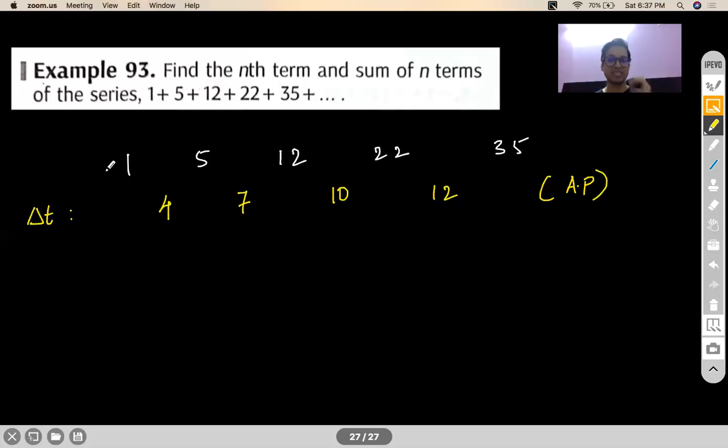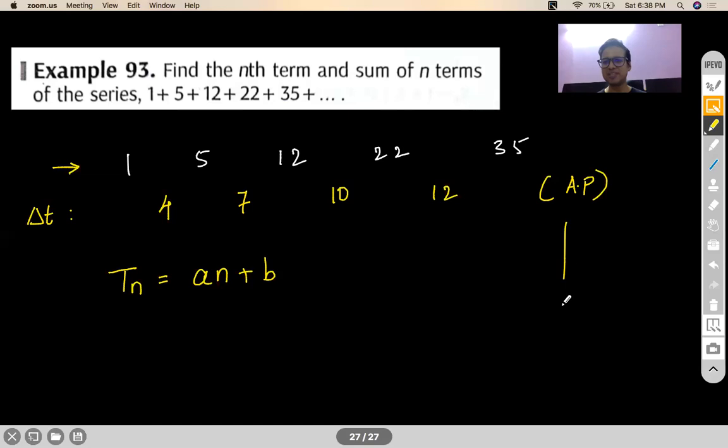Listen to this very carefully. The trend is, if these terms themselves were in AP, your nth term would actually be a linear function of n, which we already know, right? When we learned AP, what is the nth term of an AP?